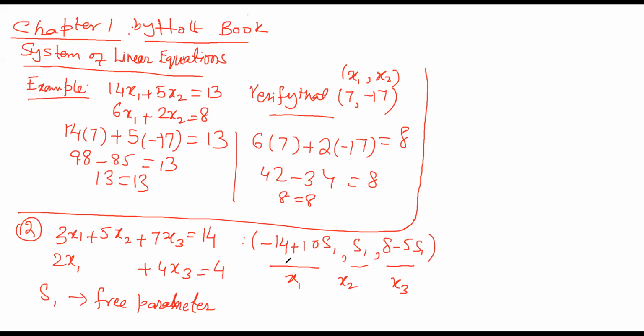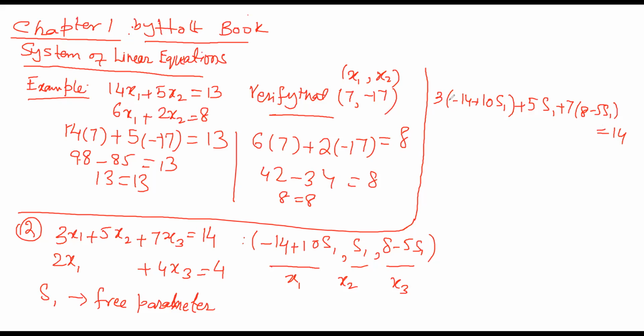So for example, in this case, we will replace x1 with minus 14 plus 10s1, x2 will be replaced by s1, and then x3 will be replaced by 8 minus 5s1. And that should be equal to 14.